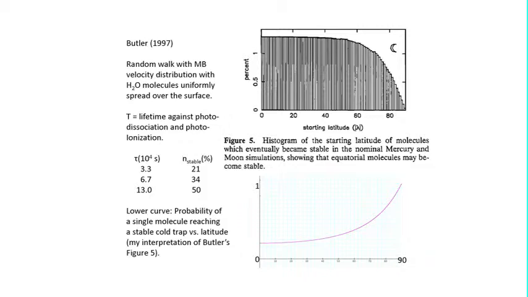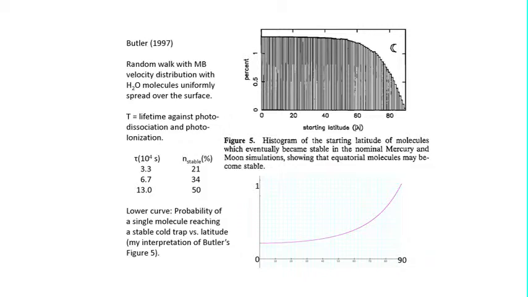That means to be a tau, but it got turned into a t. So with a little bit of study, he decided to choose these 3 values for the lifetime of a molecule in empty space at the orbit of Mercury: 3.3 times 10 to the 4 seconds, 6.7 and 13. So a day is somewhere in here. And so the molecule has to get to a safe place in a day or even less before it gets photoionized or photodissociated.